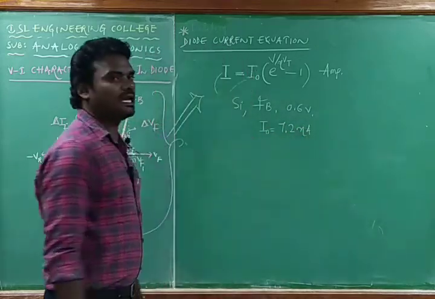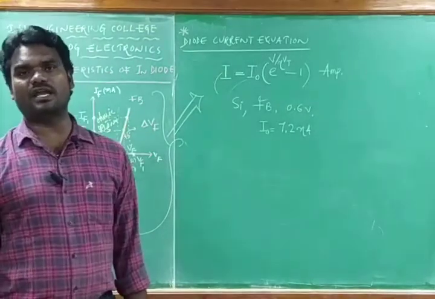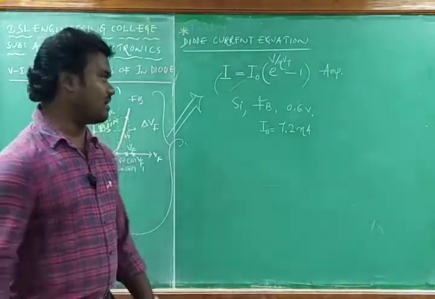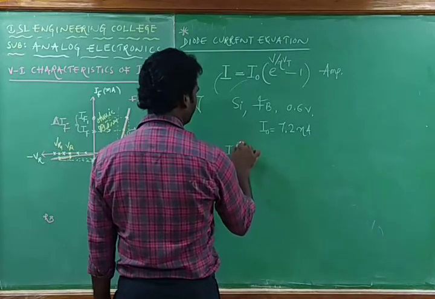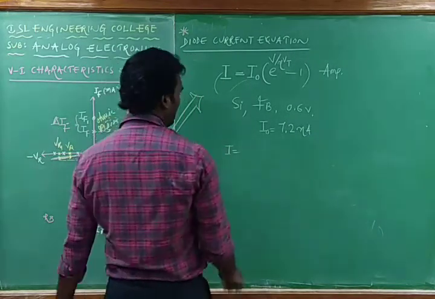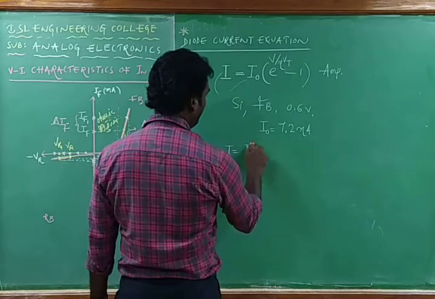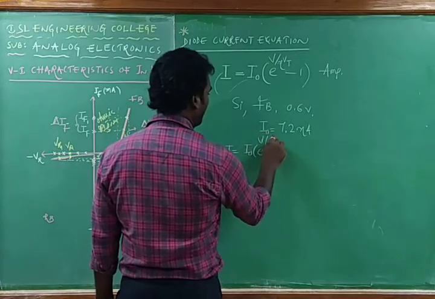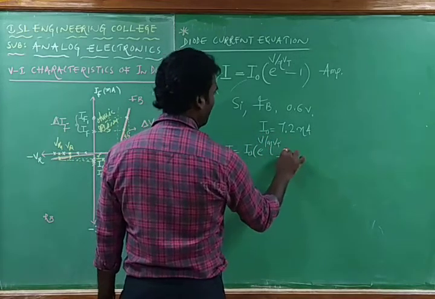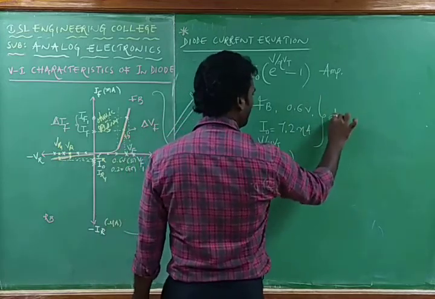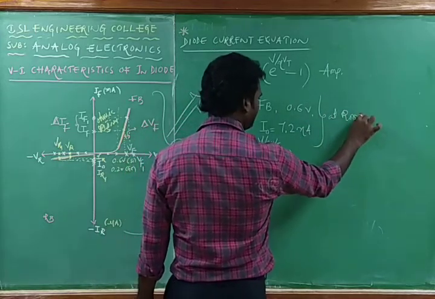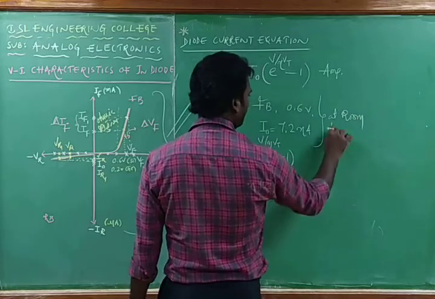Calculate the current through the PN junction diode when it is connected in forward bias. So I am going with the forward bias current equation, I equals I naught into e to the power of V by eta Vt minus 1, and the diode is operating at room temperature.